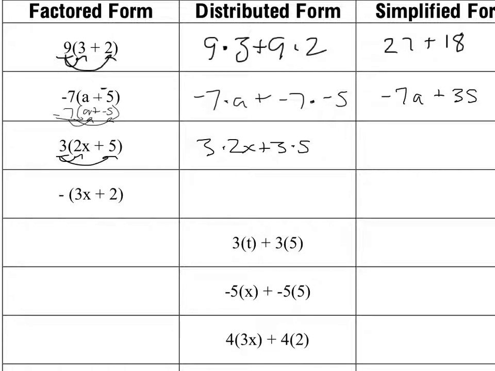So in your distributed form, you get the 3 times the 2x plus the 3 times the 5, and that's going to give me 6x plus 15.